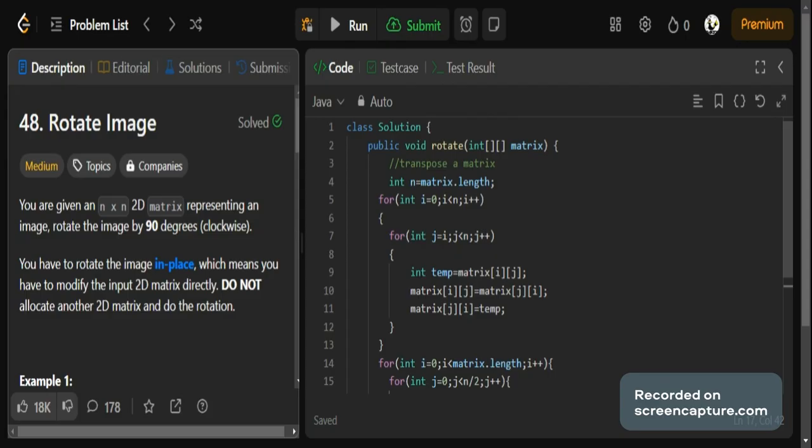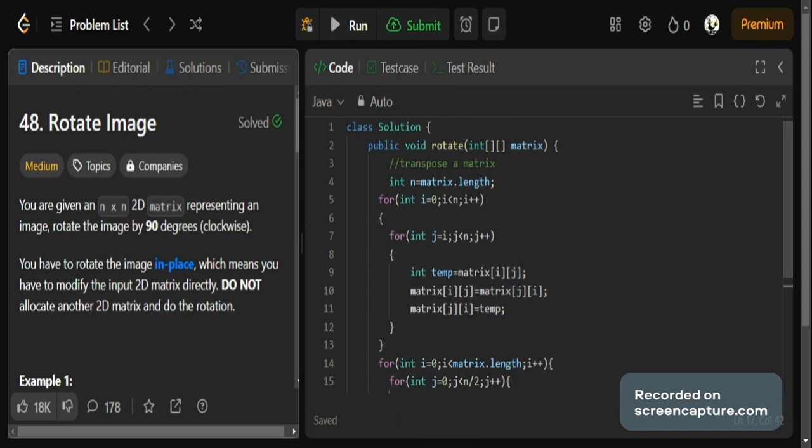Given a matrix of length n, I have taken only one length because it is a square matrix, so its row and column counts are the same, and we don't need to represent rows and columns separately.